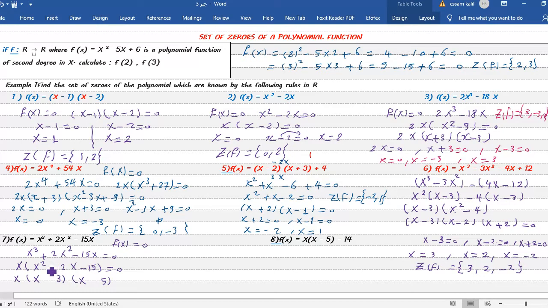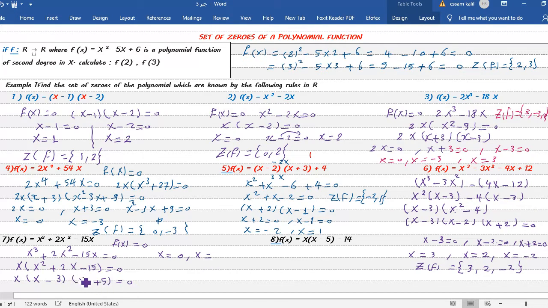Take the sign of the middle term, positive, and 3 takes the opposite, equals 0. Then x equals 0, and x minus 3 equals 0.